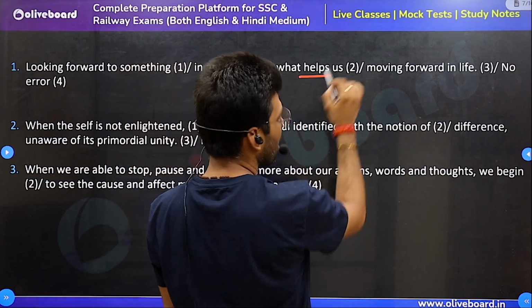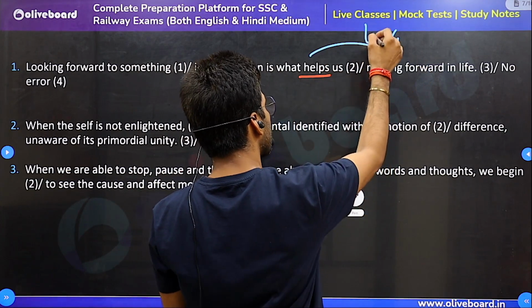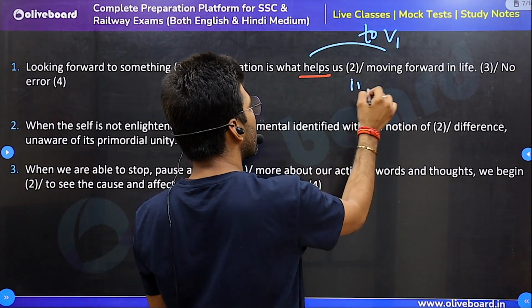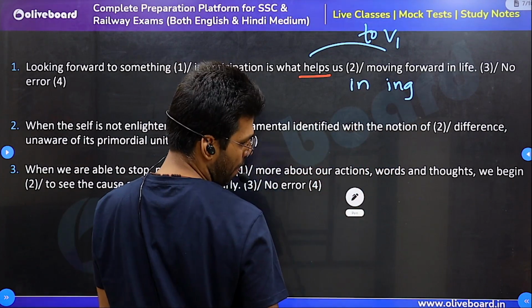Help either takes a bare infinitive V1, or takes an infinitive to plus V1, or takes N plus ing. That's wrong. It doesn't take an ing.